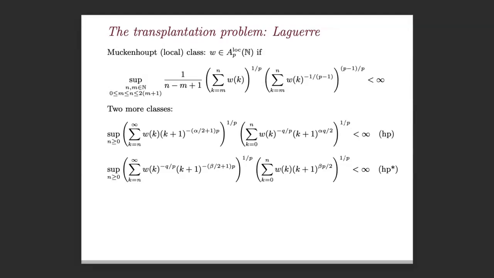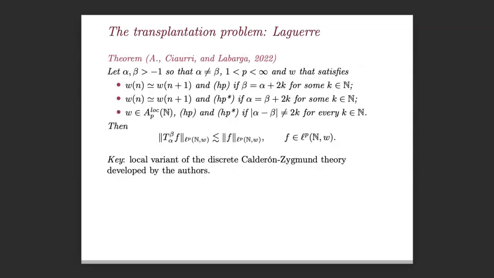But moreover, we need two more conditions on the weight that we will denote by H_p and H_p star. With those tools, we are in a position to establish a weighted norm inequality for the transplantation operator in the Laguerre case. In this setting, the requirements for the weights depend on the relation between the orders.